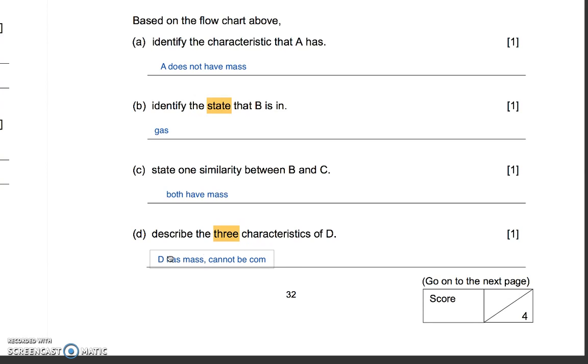Cannot be compressed, this is the second. And it does not take the shape of the container. Even if you write it does not have a definite shape, it is also accepted. So the last one is either it doesn't take the shape of the container or it does not have a definite shape.